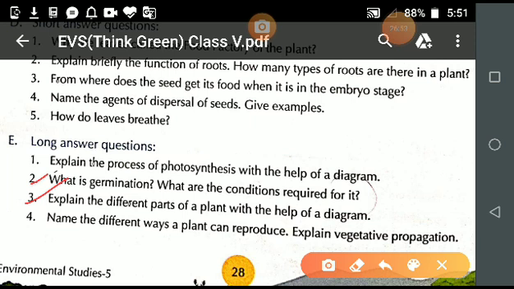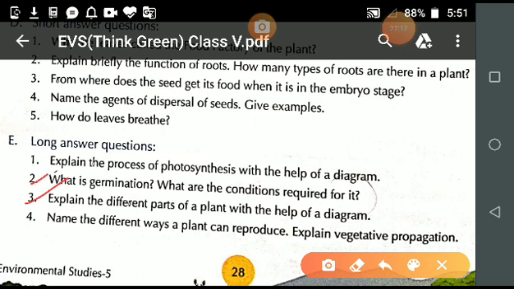Firstly start with root. Root absorbs water and minerals from the soil. Stem supports the plant. Leaves prepare food for the plant.